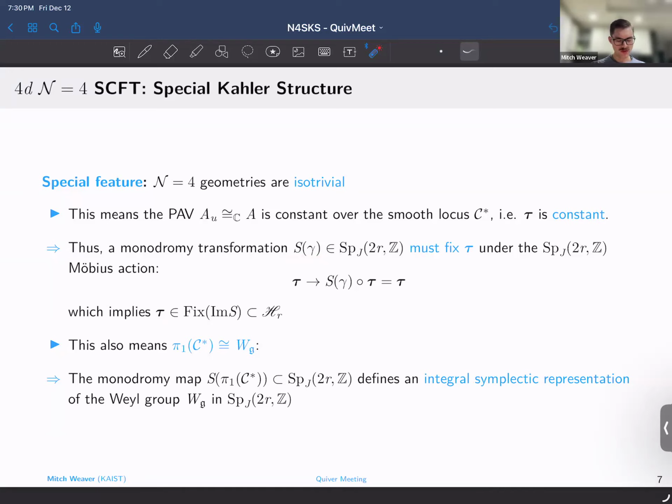And furthermore, isotriviality also means that the fundamental group of the Coulomb branch is just isomorphic to the orbifold group in this case, which is just the Weyl group. So therefore, the monodromy map S here defines an integral symplectic representation of the Weyl group into our EM duality group.